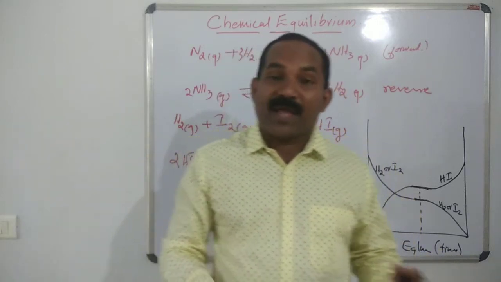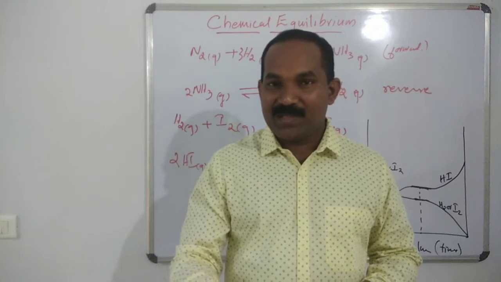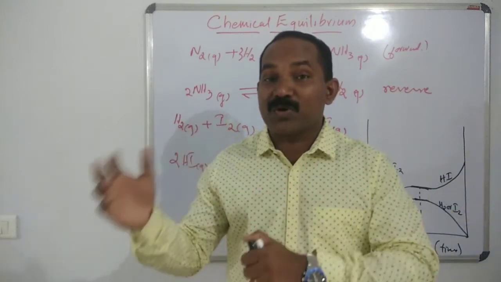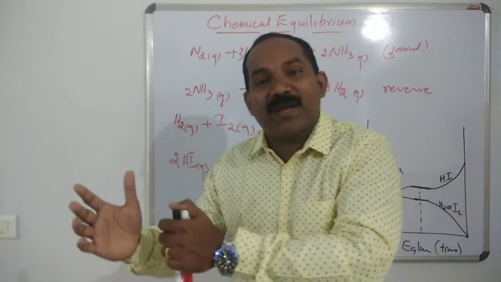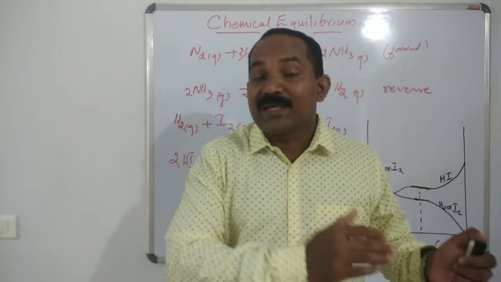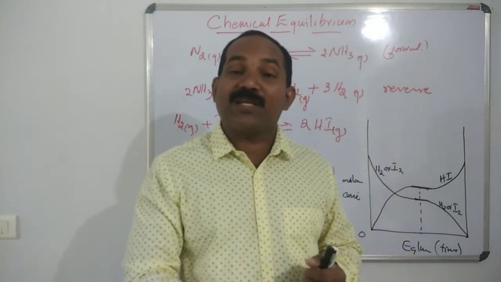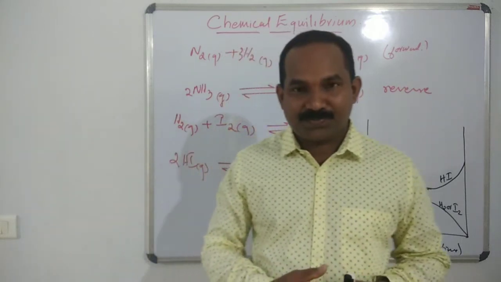So equilibrium can be attained from either direction, from the reactant side to the product side or from the product side into the reactants. That is another important characteristic of chemical equilibrium: it can be attained in any direction.